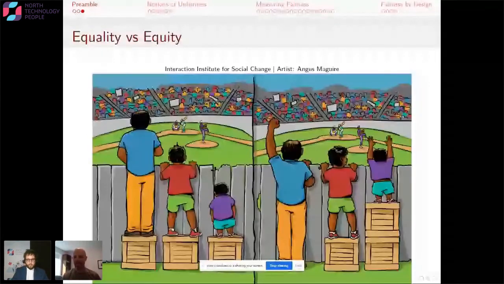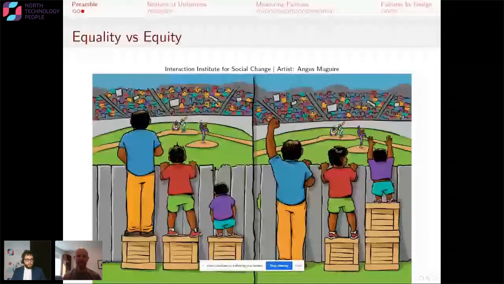The other issue when we talk about fairness, and part of what makes things quite difficult, is: what is fair? In the picture on the left, everybody's given a single box to stand on. Well, the person who is tall can still benefit from it, but the person who is too short can't benefit fully from it.